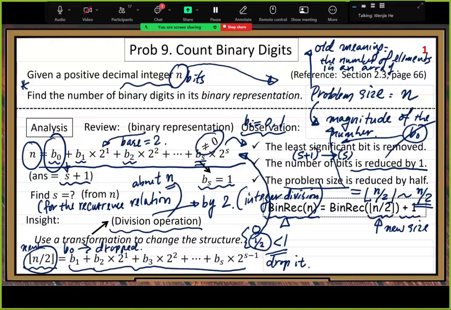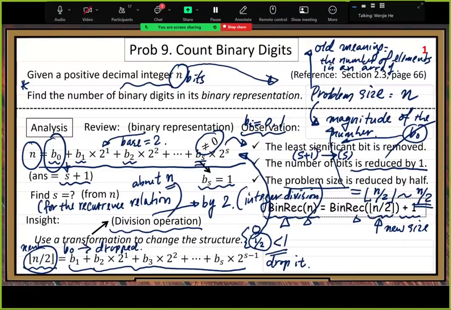When we apply the function on that approximately half problem size, these two numbers' difference is only 1. So we derive this recurrence relation.